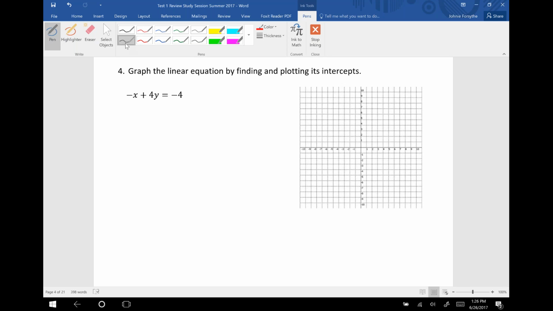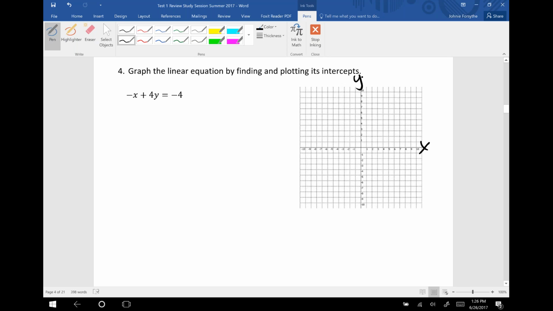Okay, so intercept. Let's start with, again, what's the intercept? An intercept is where your line intercepts an axis. This is your x-axis here. This is your y-axis. If you have a line, wherever it happens to cross this horizontal axis would be your x-intercept.